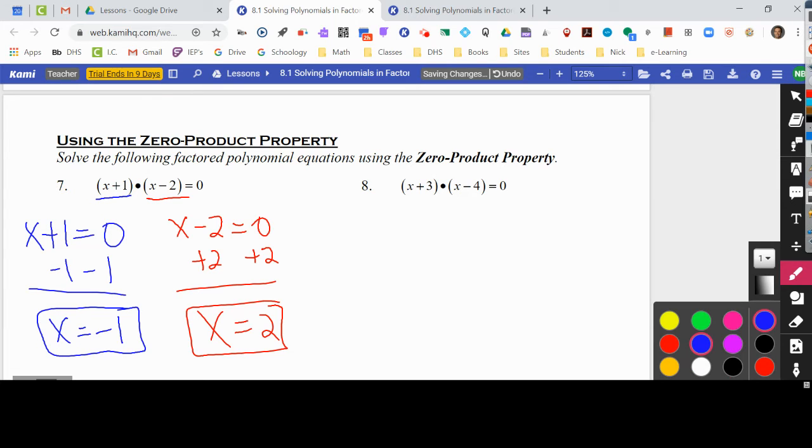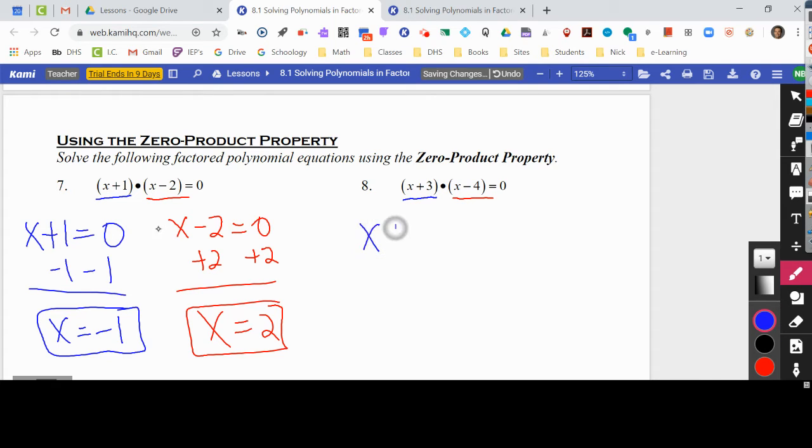Example 8, we have x plus 3 times x minus 4 is equal to 0. Again, I have one polynomial expression here, x plus 3, and another polynomial expression here, x minus 4, and it equals 0, and I'm multiplying. So then I can use this zero product property to solve. x plus 3 is equal to 0 means I'm going to subtract 3 from both sides.